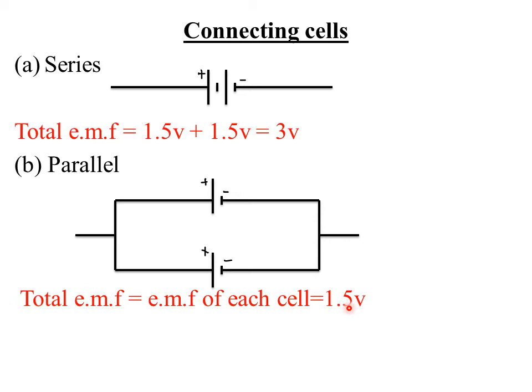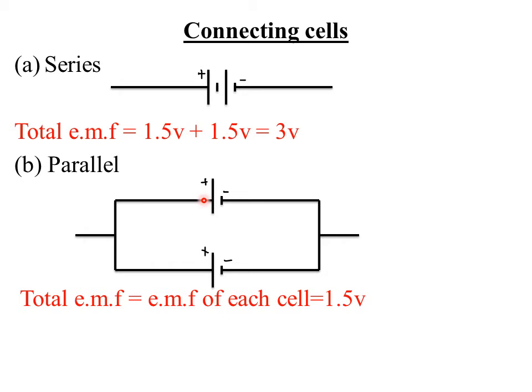So that means when cells are connected in parallel, there is no significant increase in the brightness of the bulb and the current flowing in the circuit. The current does not increase to the maximum, unlike in series. This also explains why cells connected in parallel offer very little resistance to the flow of current.